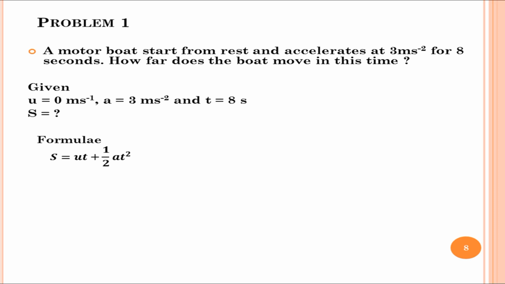How far the boat moves in this particular time? Therefore, in the given problem, displacement s is asked for time t equal to 8 seconds. So we have to use the equation s equal to ut plus half at square to solve this problem.